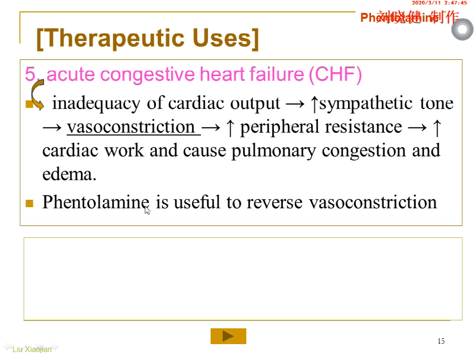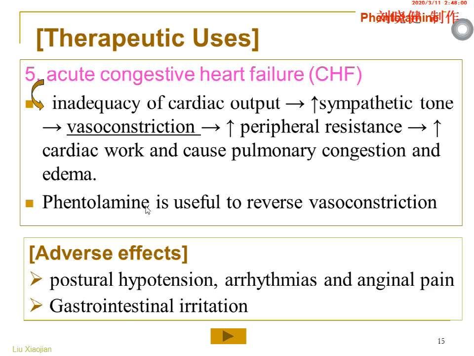So how about the adverse effects of phentolamine? They are related to vasodilation caused by phentolamine and its effects on the muscarinic receptor or histamine receptor. Because of blockade of alpha-1 receptor in the blood vessels, after using phentolamine, the patients may develop postural hypotension.